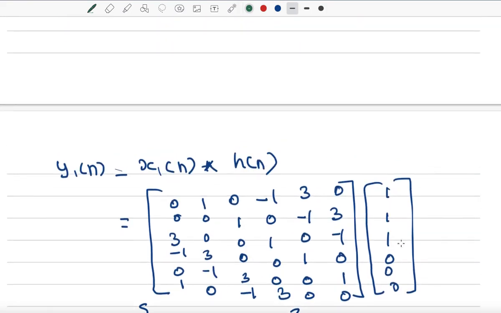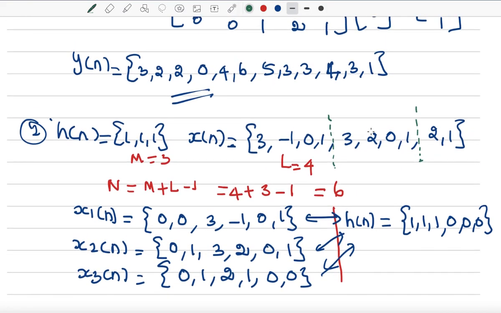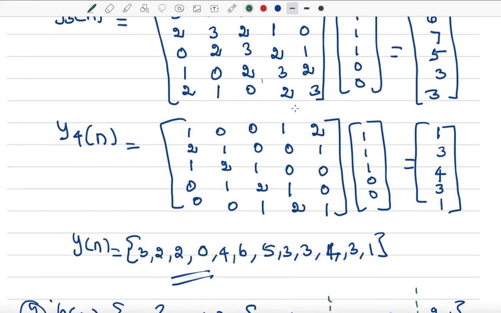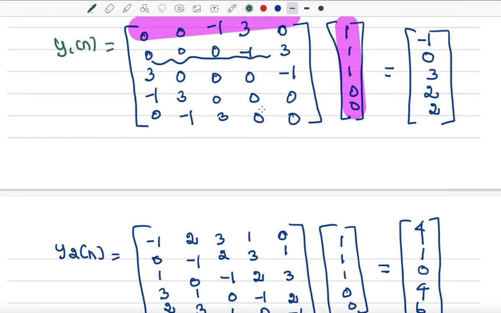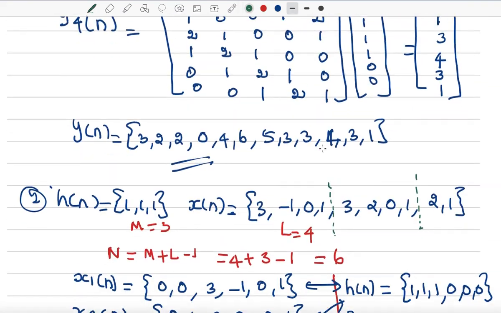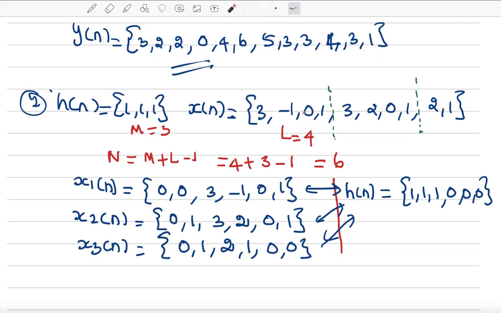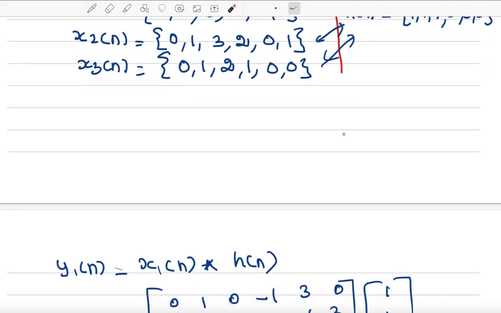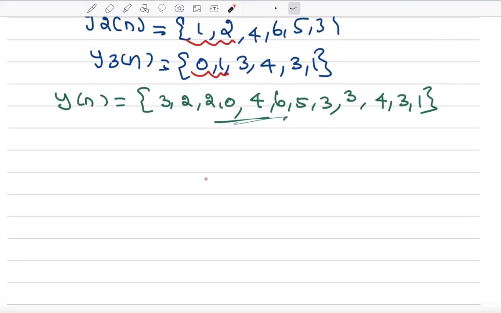Now compare these two methods. In the first method we subdivided into sub blocks having length L equal to 3. In the second method we subdivided with L equal to 4. Compare the answers, we got the same answer.